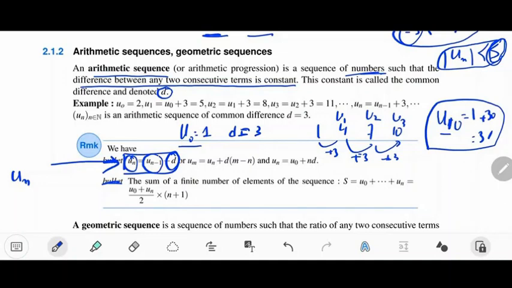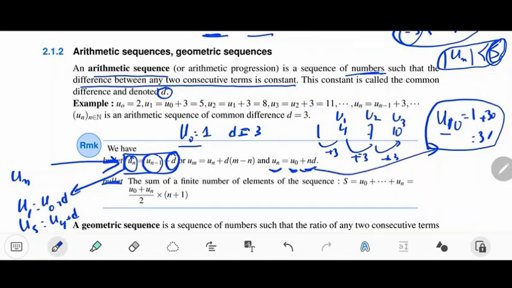So if n is equal to 1, this formula will be U1 is equal to U0 plus D. Or if you write it U5, it will be equal to U4 plus D, etc. So n minus 1 represents the box right before. Or, of course, I will take the last one. Un is the first element plus n times the difference. This is what I have done in here.